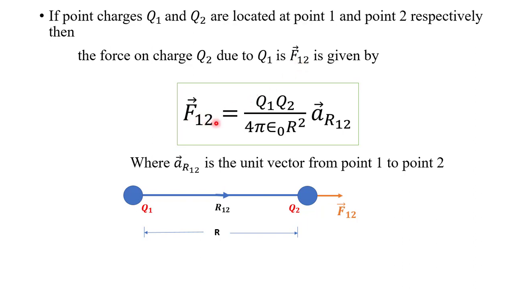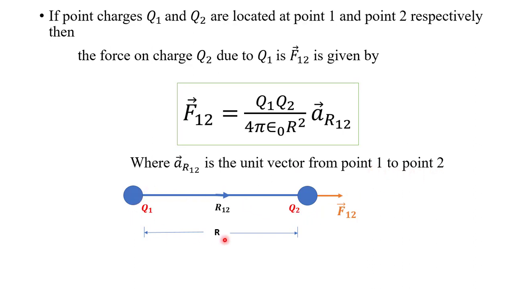F12 is equal to Q1 Q2 upon 4 pi epsilon naught R square into aR12, where aR12 is the unit vector from point 1 to point 2.